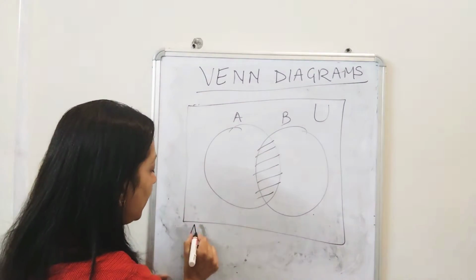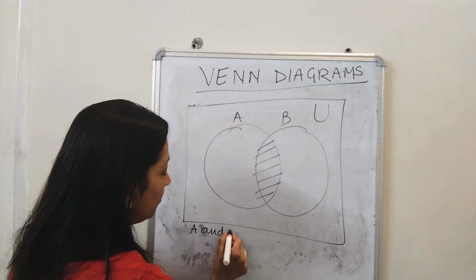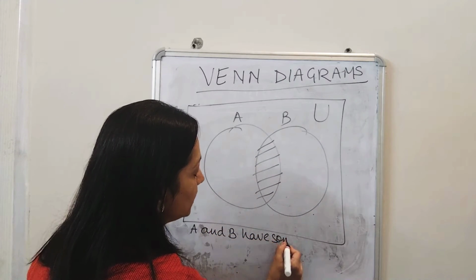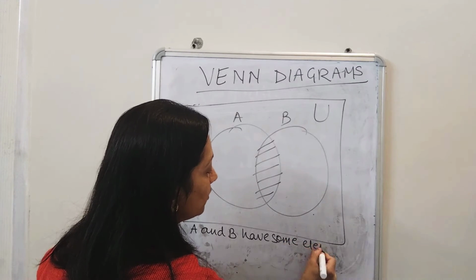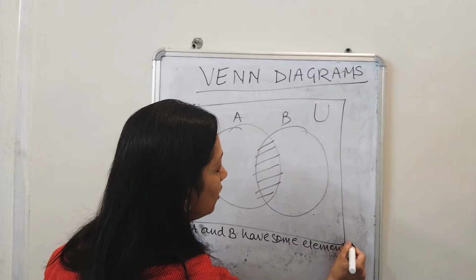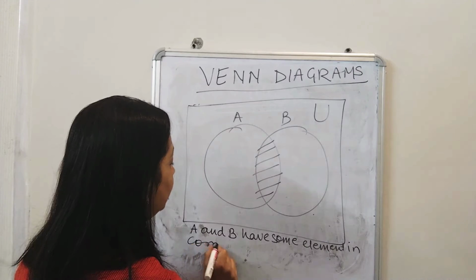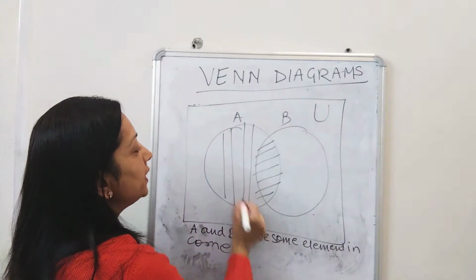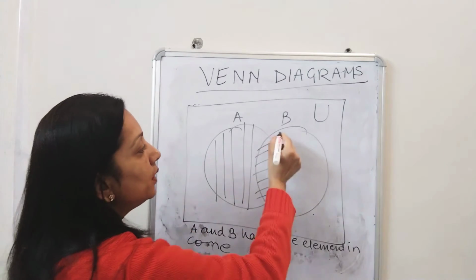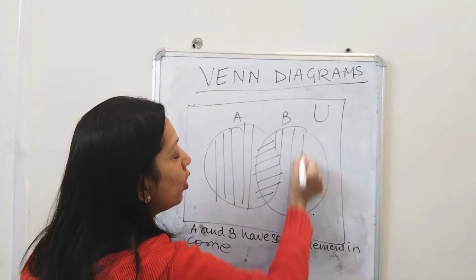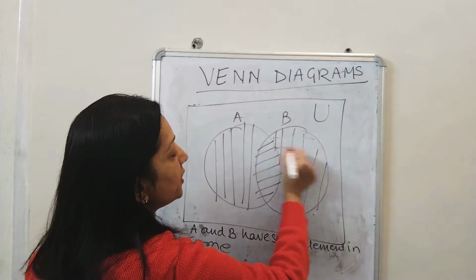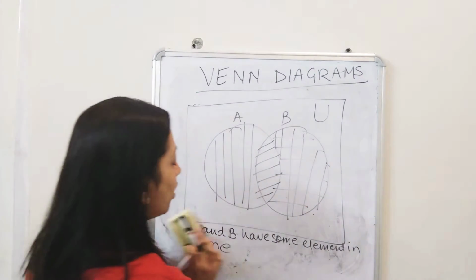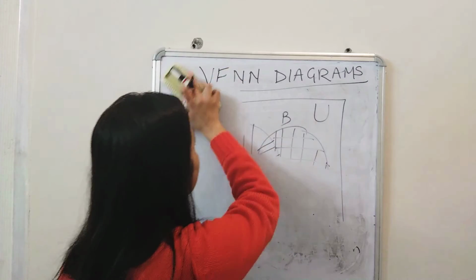So that means A and B have some elements in common. Then this region represents all those elements which are just present in A and not in B. Similarly, this region represents all those elements which are just present in B and not in A. So this is the concept of Venn diagrams.